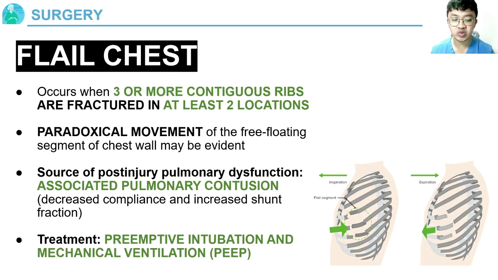Because in pulmonary contusion, the air sacs there are not expanding as much as you'd like them to. So you need to apply positive pressure to allow them to open, to allow them to heal over time. So that's preemptive intubation and mechanical ventilation, along with pain control, incentive spirometry, and allowing the patient to just breathe deeply. Those are managements for your flail chest and your pulmonary contusion.